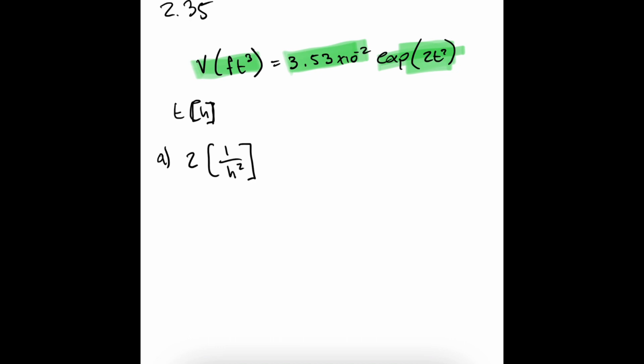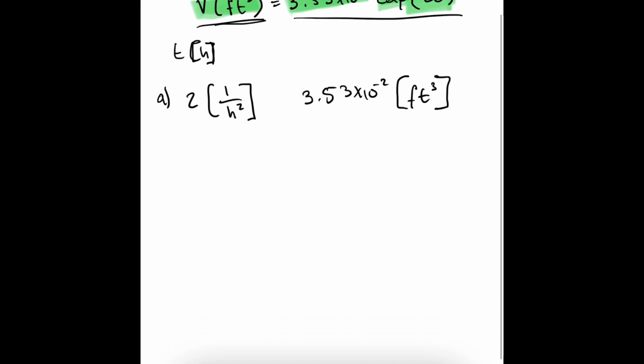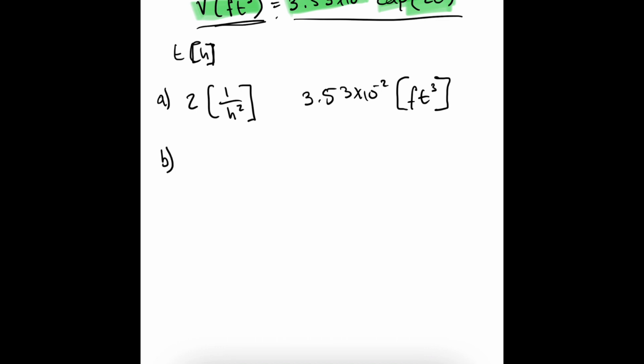So 3.53 times 10 to the minus 2 has the same units as this term, because there's only one term on either side of the equal sign. So in order for these things to be equal, they have to have the same units. Makes sense, right?